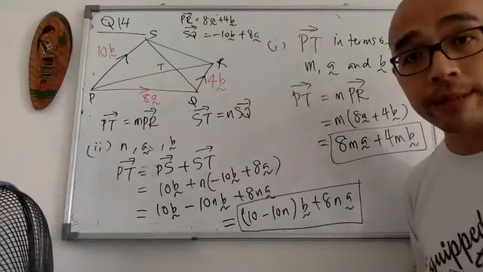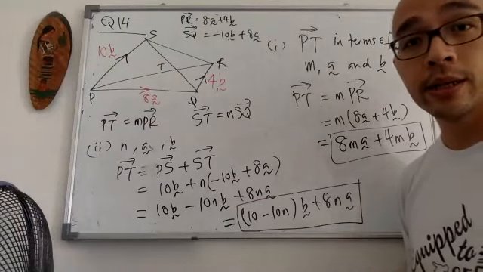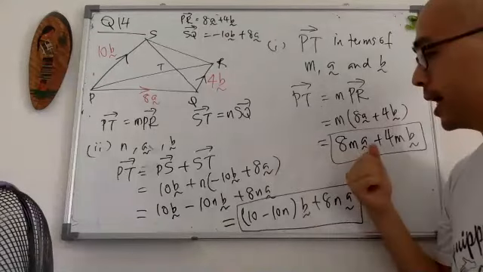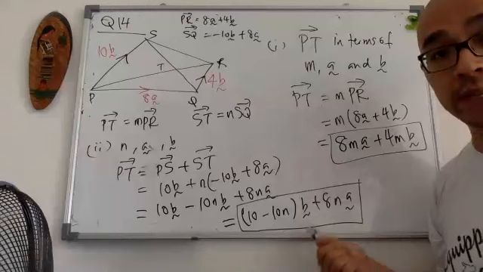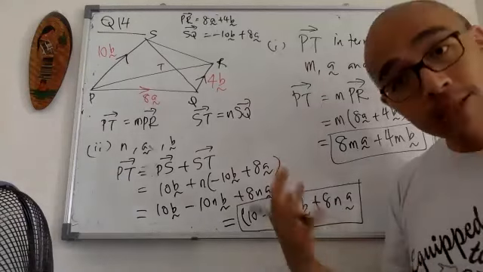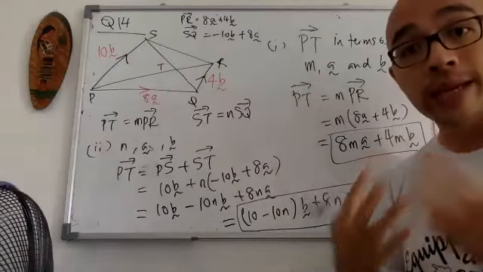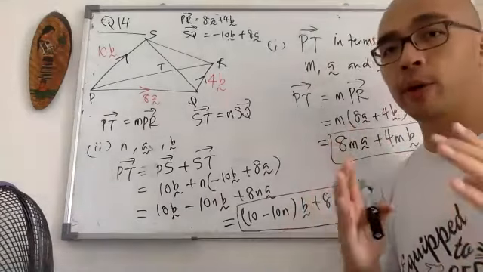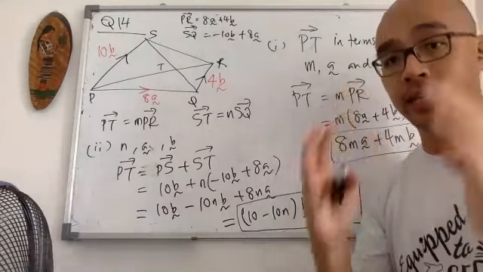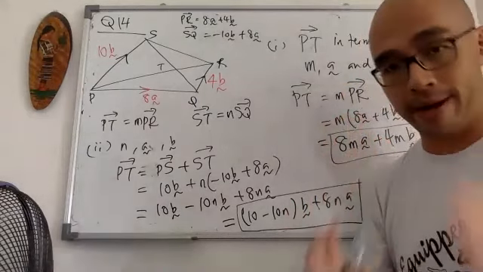PT equals PT. That's the reason why they ask you to express it in 2 different ways, one in terms of M, one in terms of N. Because they're equal vectors, you can compare. And this is the singular most important thing when it comes to vector. It is the act of comparing.